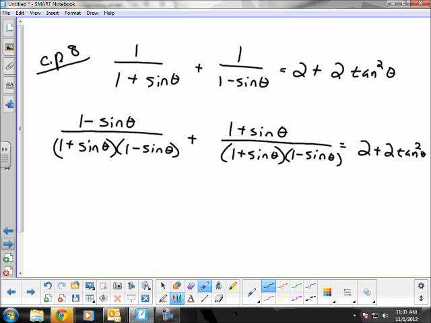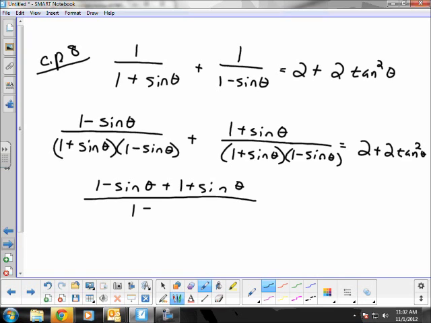Okay. Are we good there? All right. And so now I can combine that together, right? So I've got 1 minus the sine of theta plus 1 plus the sine of theta over, and these are the conjugate ideas when we get the difference of two squares.